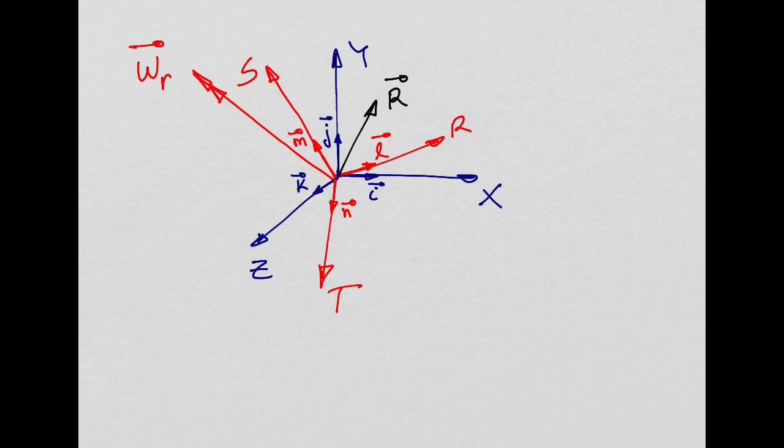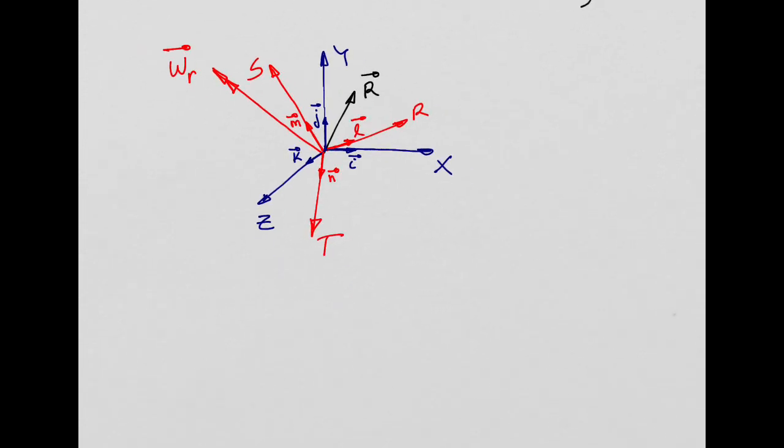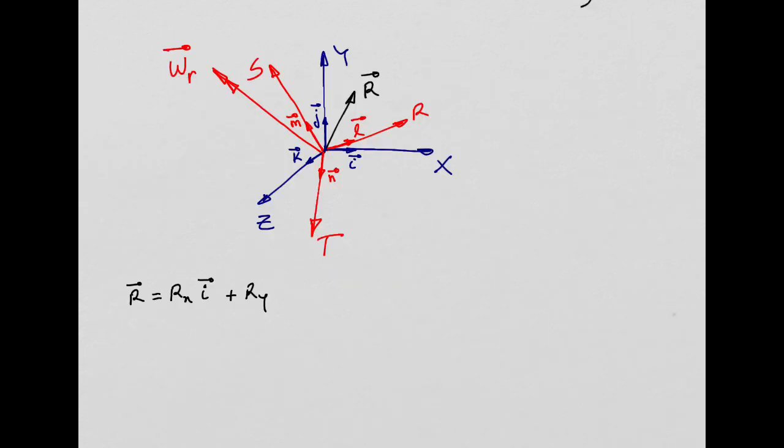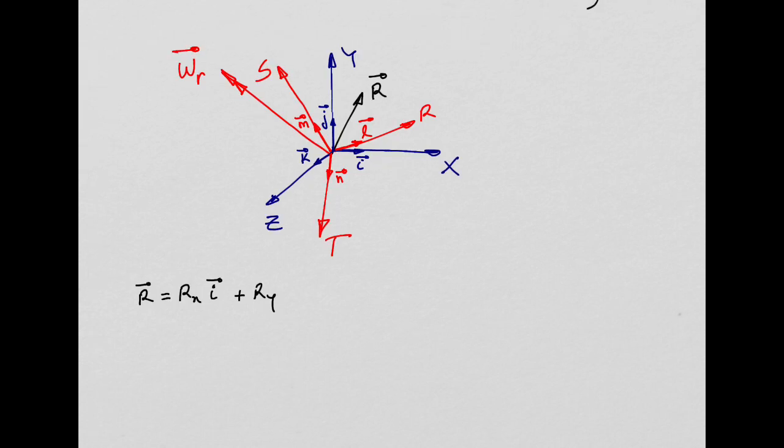Now, if I want to represent my vector r in the coordinate system in blue, I will say something like this. It's going to be Rx, the magnitude of the x component, along unit vector i, plus Ry, the component in the j direction, plus Rz, the component in the k direction.